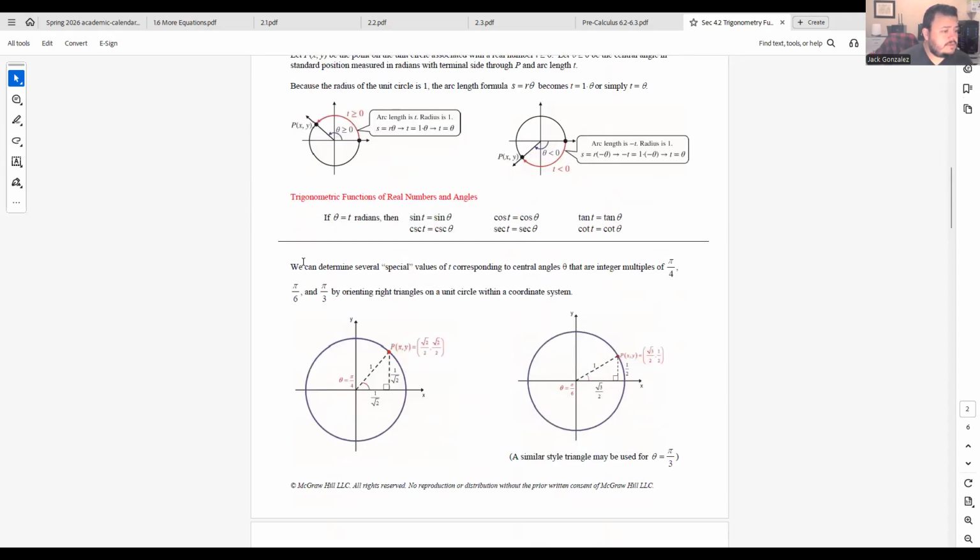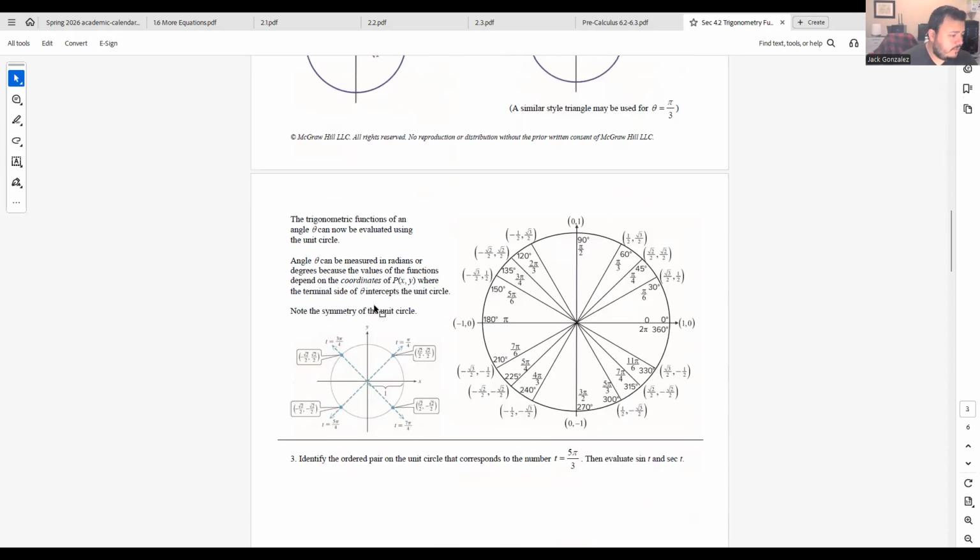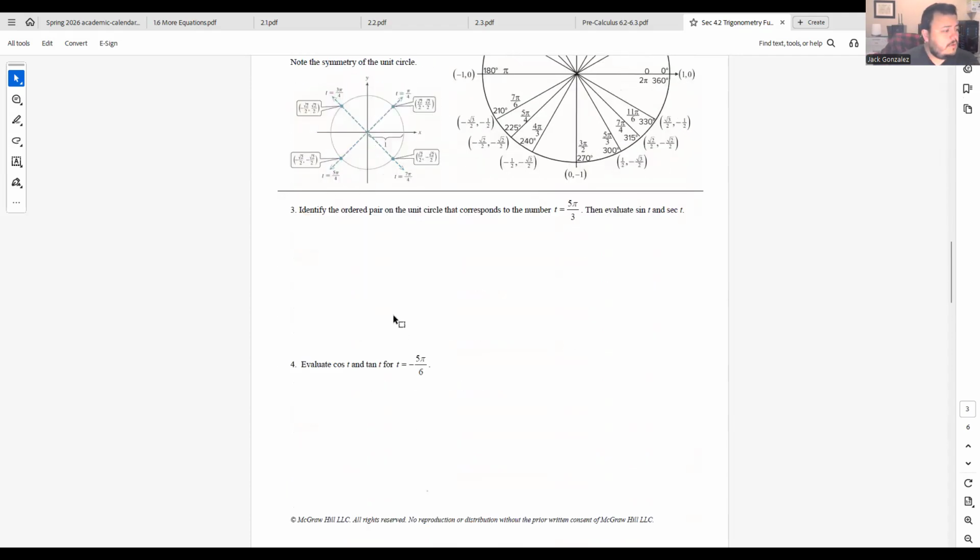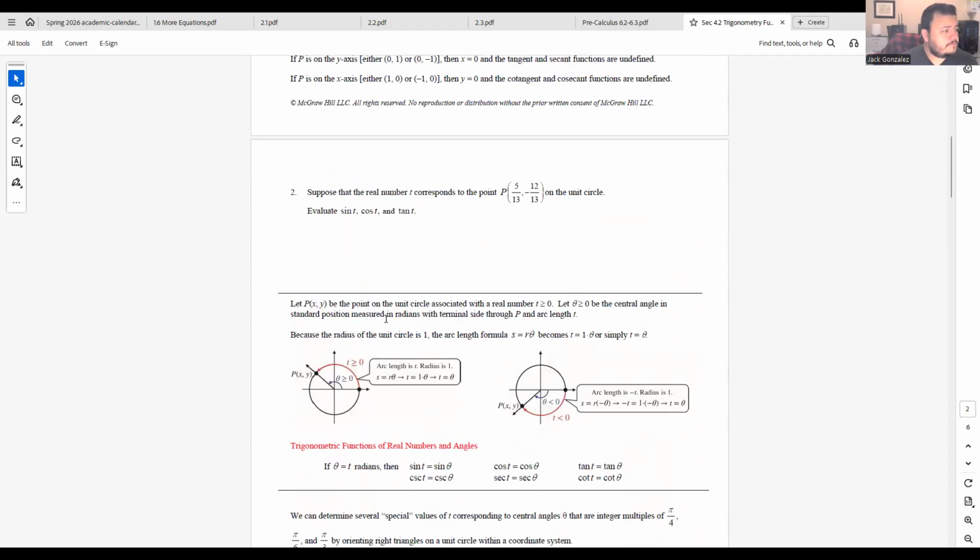So let me write these down, and I'm going to define them as angles and triangles.